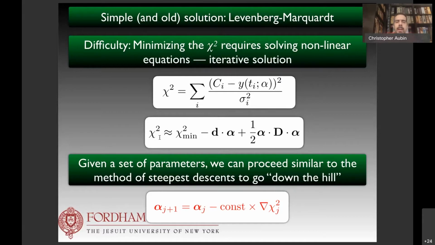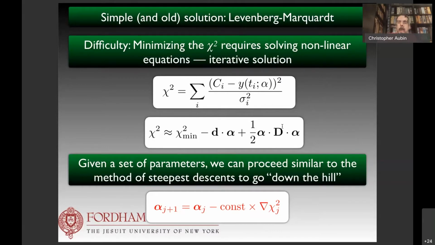We want to expand the chi-squared around its minimum in a quadratic form. Of course, this lowercase bold d is the first derivative of my chi-squared with respect to the alphas, evaluated at the minimum. And that we would like to set to 0.